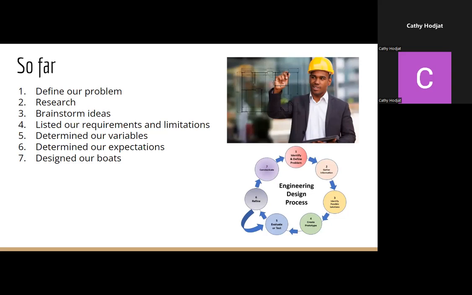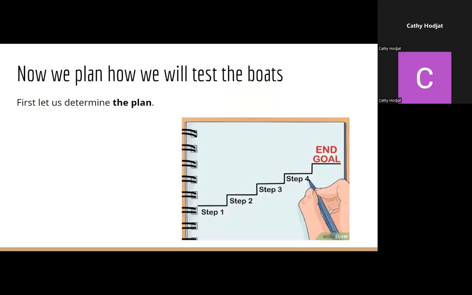So made quite a bit of headway here in terms of the project. So what we're going to do today is come up with a plan on how we are testing the votes. And you'll have a set of steps that will get you through the whole testing process.